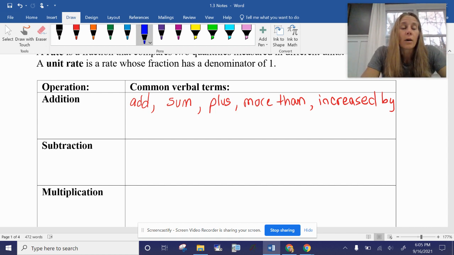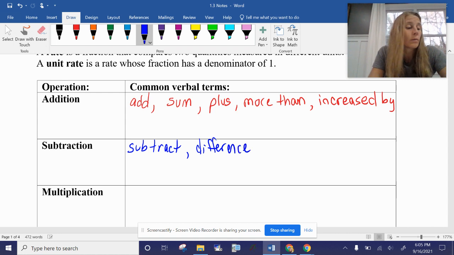Okay, the next operation we're going to talk about is subtraction. So some of the verbal terms that refer to subtraction, of course, are subtract or any version of that, subtracting, subtracted, whatnot. Then difference. Finding the difference means that you're going to be doing subtraction.